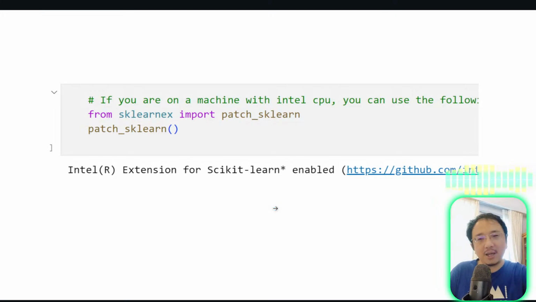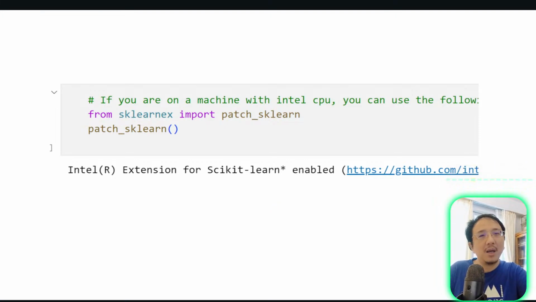In some cases, it will introduce instability, because some algorithms are going to crash or fail if you apply this. But for the majority of cases, at least for our use case in our class, it is going to speed up the algorithm like 2 or 3 fold if you are running on an Intel CPU.